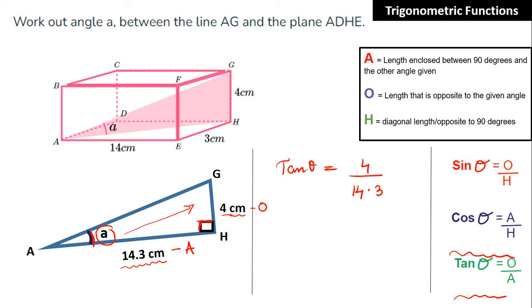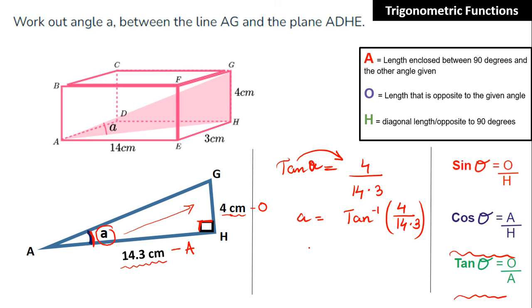Then if I want to find my theta or my angle, that is A, I can just take the tan to the other side. Once I take my tan to the other side, as discussed earlier, it becomes tan minus 1. Tan minus 1 of 4 upon 14.3, tan minus 1 basically means tan inverse.